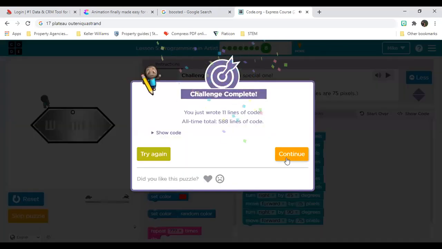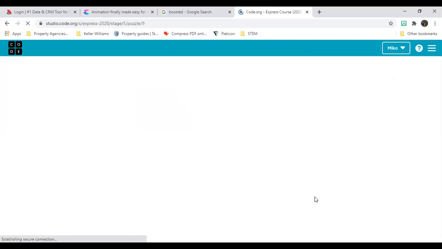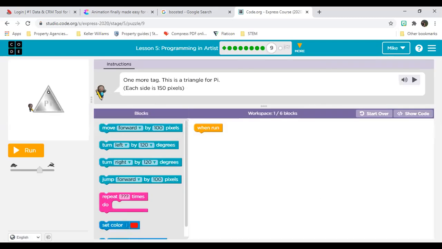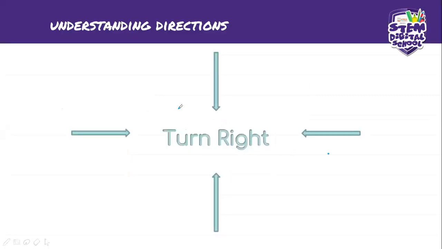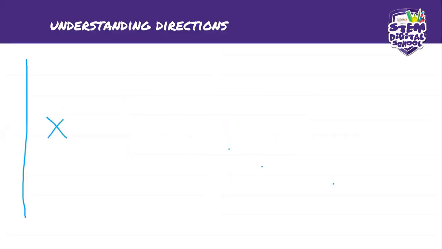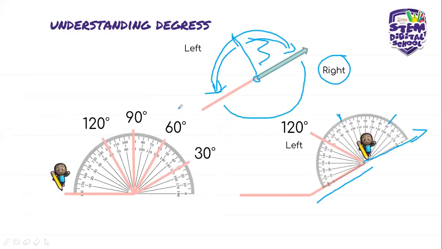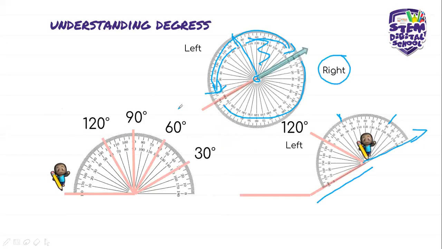Now there's one or two more puzzles left for you guys to do. I want to go back to my slides quickly just to show you the angles again. Remember, we have to make sure we look at what direction our character is facing, and then that will decide.